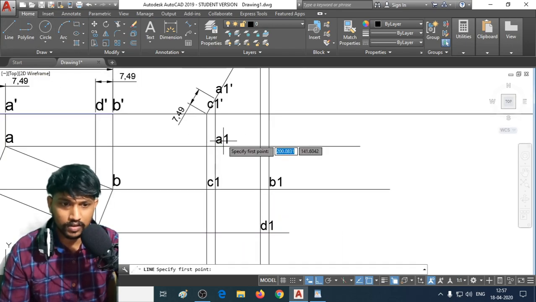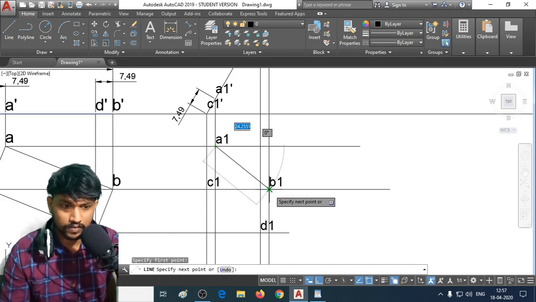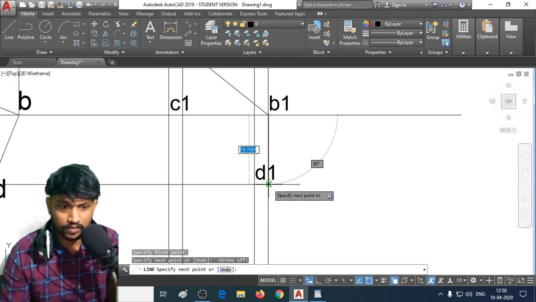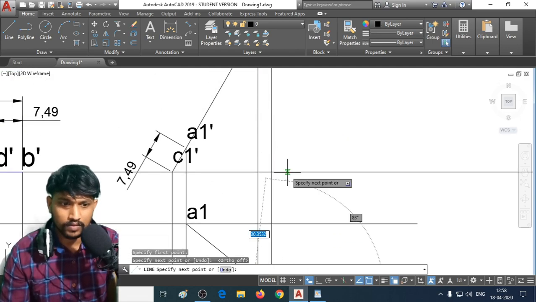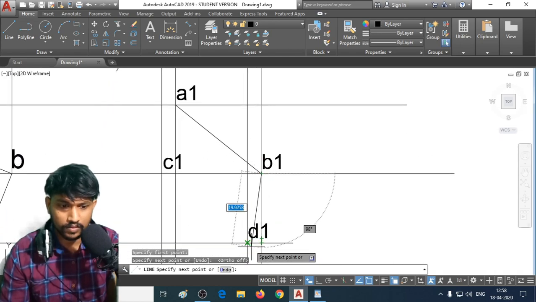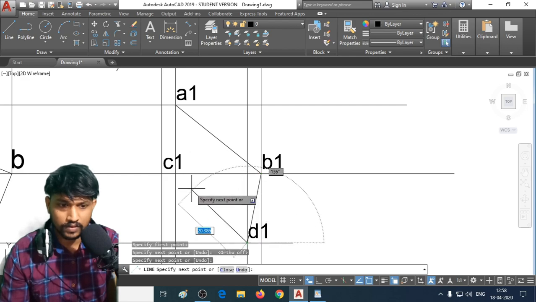So let us join all of them so that we can see how this is actually going to look. B's projection, B.